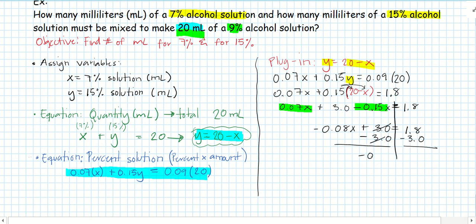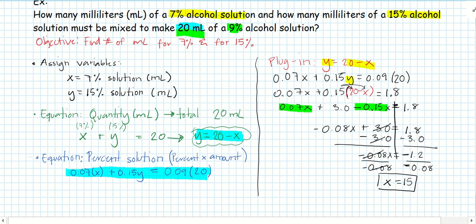We have negative 0.08x equals 1.8 minus 3.0, which is going to give us negative 1.2. Then I'll divide by negative 0.08 on both sides. So x equals 15. And the reason why it's positive 15 is because negative 1.2 divided by negative 0.08 is positive.